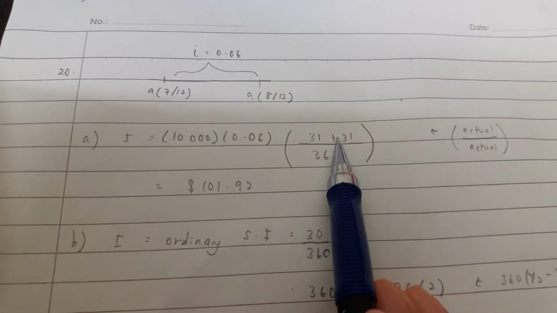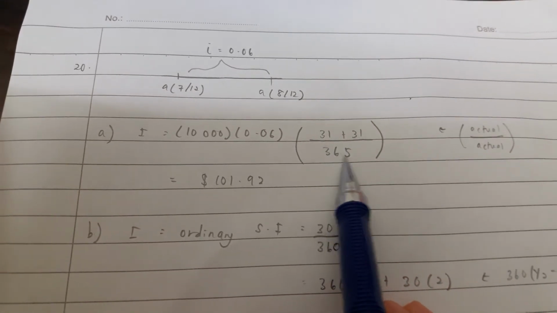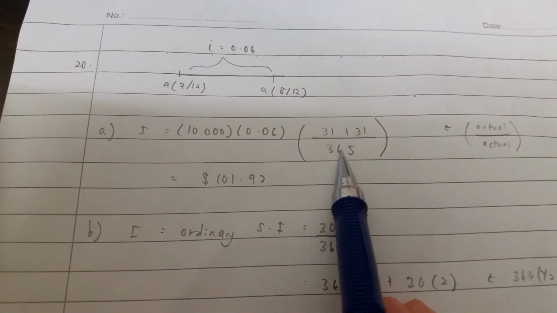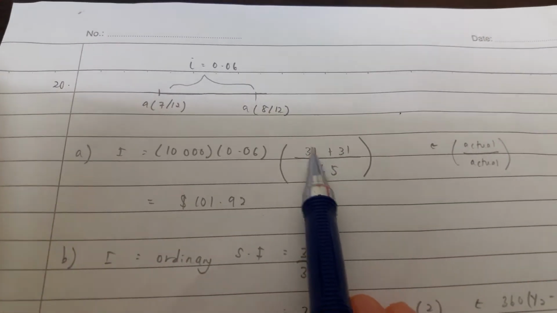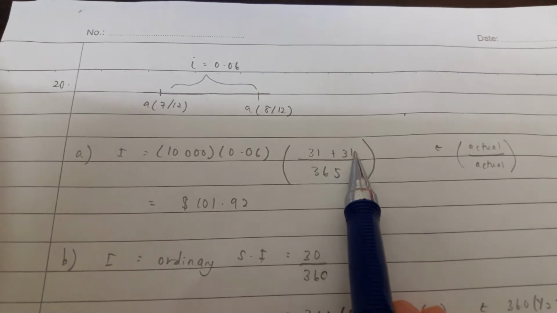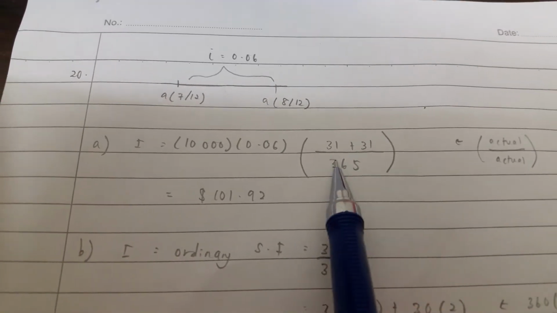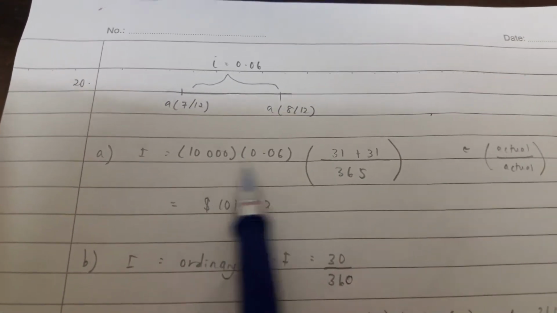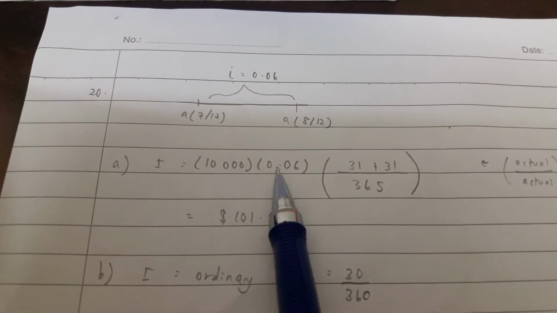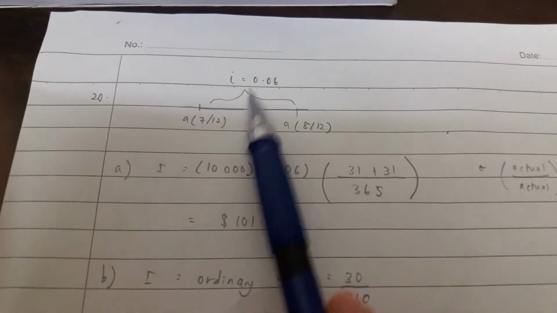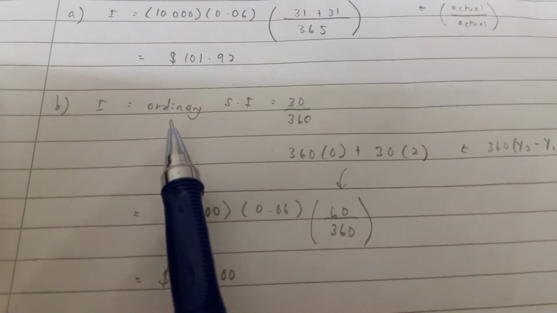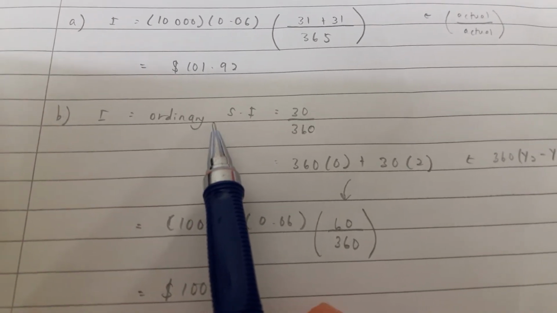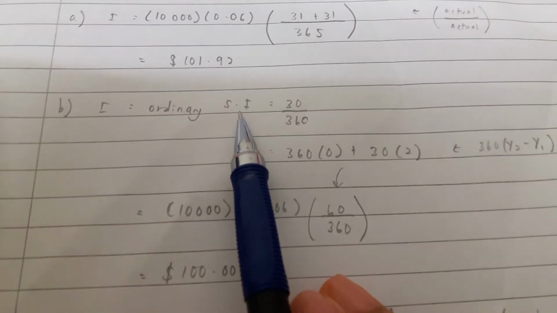So 31 plus 31 over 365, because we add the days of July and the days of August, and then we put it over 365, we multiply it by 10,000 and 0.06, and then we get $101.92. And for B, you need to find the ordinary simple interest.